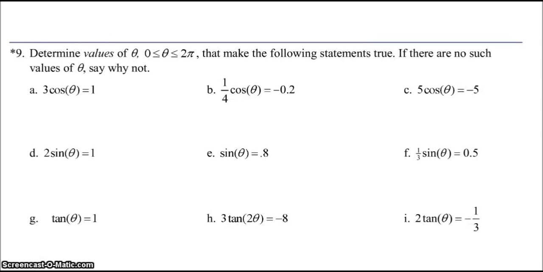Number 9, determine values of theta between 0 and 2 pi that make the following statements true. If there are no such values of theta, say why not. Let's see, so here we need cosine of theta equal to 1/3.